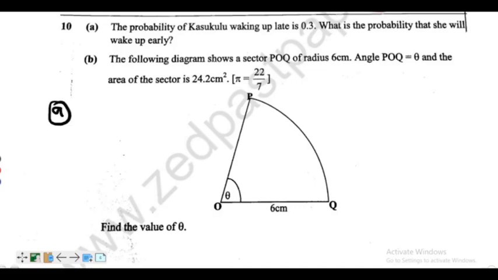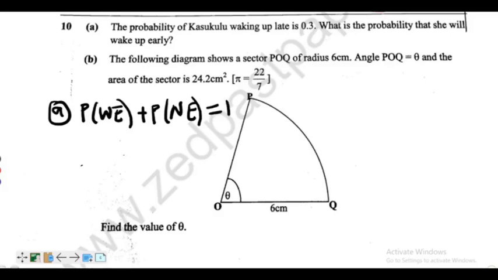The probability of Kasunkulu waking up late is 0.3. What is the probability that she will wake up early? So here we are looking at the probability of this person waking up late and the probability of this person not waking up early. Okay, so what we do is we say the probability of waking up early plus the probability of not waking up early is equal to 1.